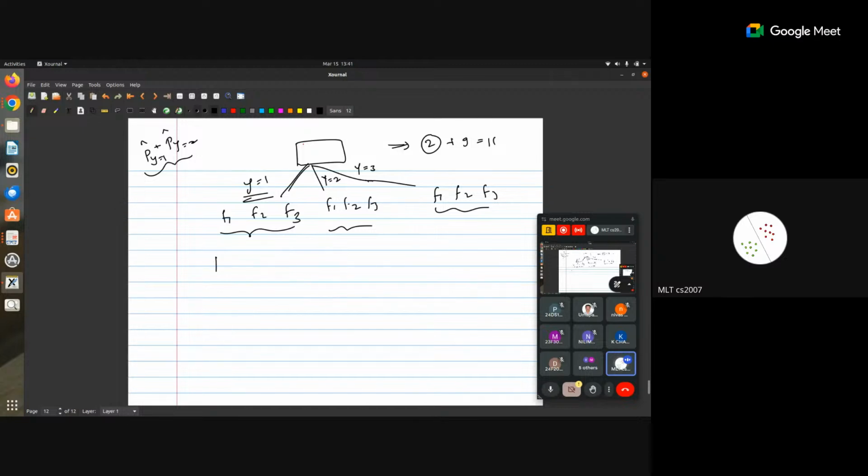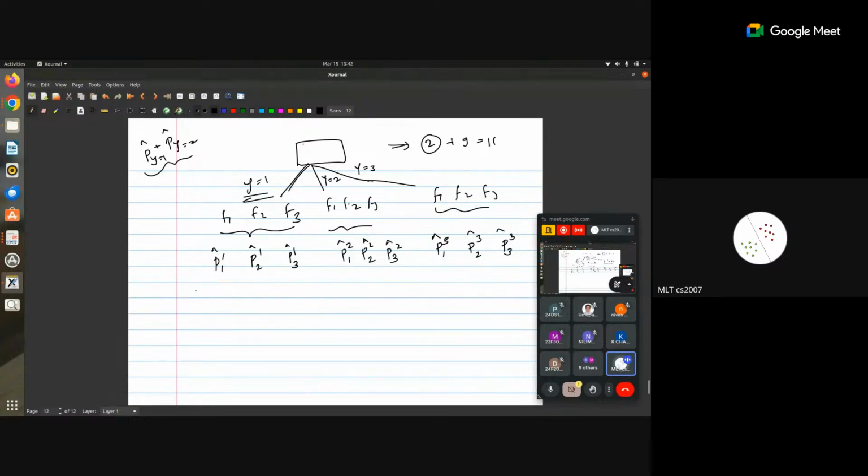You can write them as p1 1 hat, p2 1 hat, p3 1 hat. Here it is p1 2 hat, p2 2 hat, p3 2 hat, and here it is p1 3 hat, p2 3 hat, p3 3 hat.